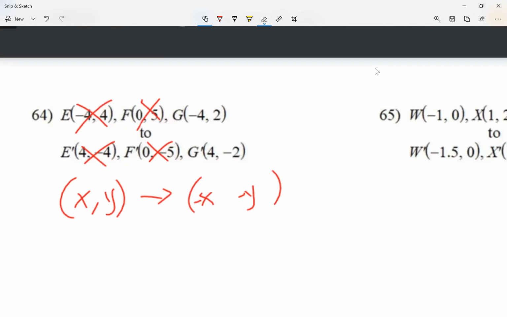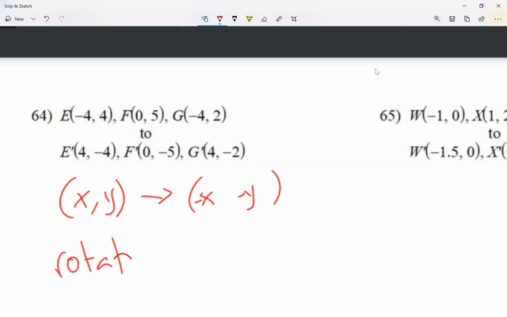Now, even though the first points are not good to follow, I'm just going to go and check. Did I switch the signs? Is that what happened with all of them? There's no such thing as a -0, so yeah, that makes sense. According to my rules, this is rotation of 180 degrees about the origin.